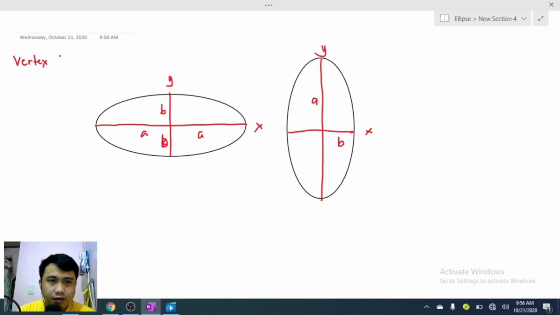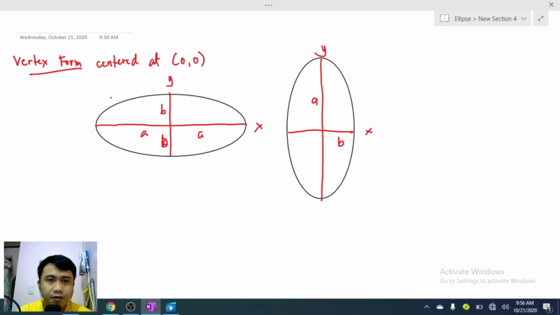Vertex form of the equation of an ellipse. Kapag ang ating ellipse ay nakasentro sa origin or 0, 0.